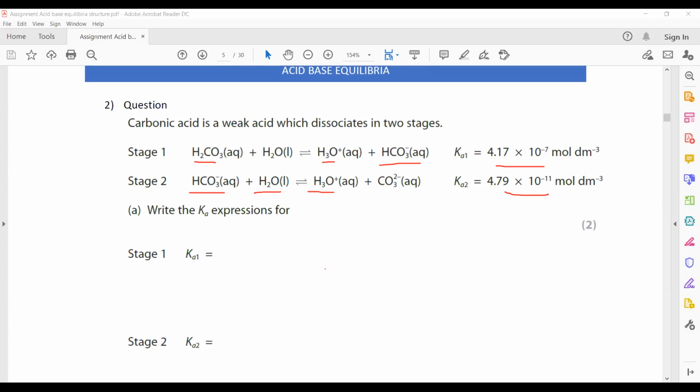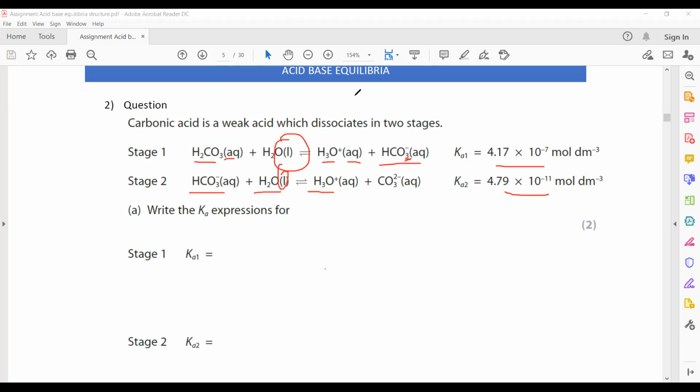When we write the dissociation constant for the first one, Ka1, when you check the state of the equations, this is a heterogeneous equilibrium because it is aqueous, but water is a liquid.